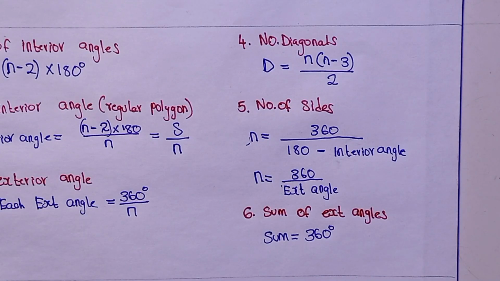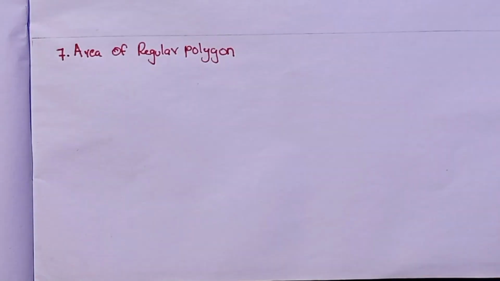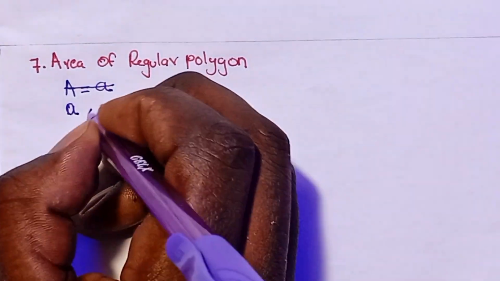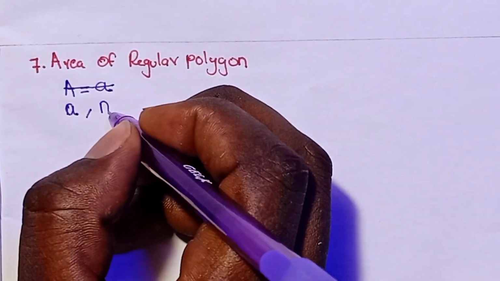So we have number 7. Number 7 is to find the area of a regular polygon. Say this length is a and the number of sides is n.